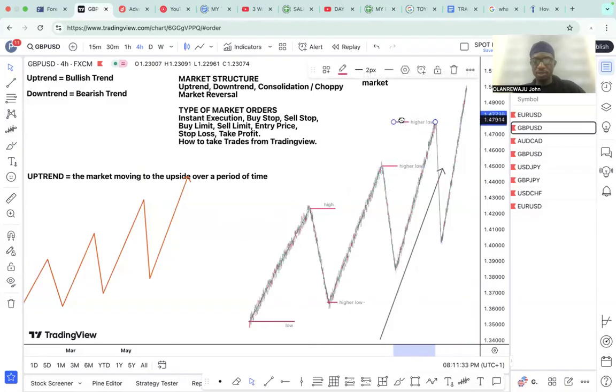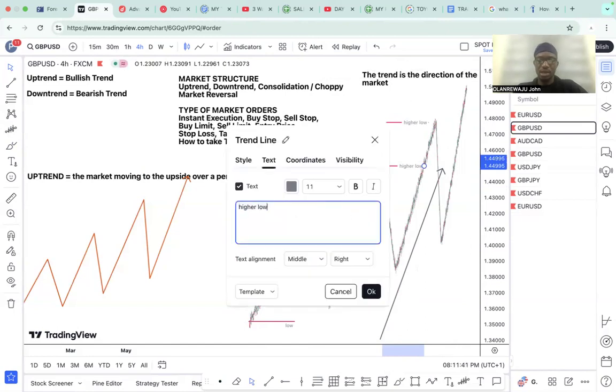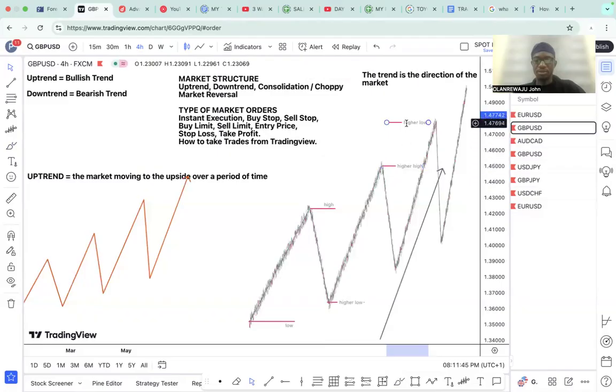So let's label this place higher low. And then we also label this one higher high. Oh, that was a mistake, please. So this becomes the new higher high.